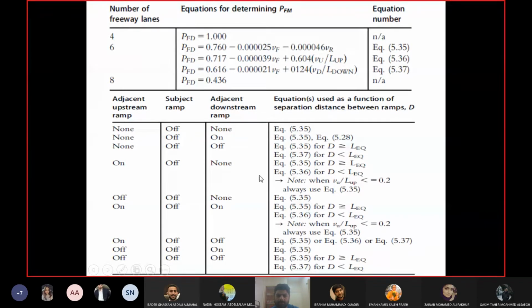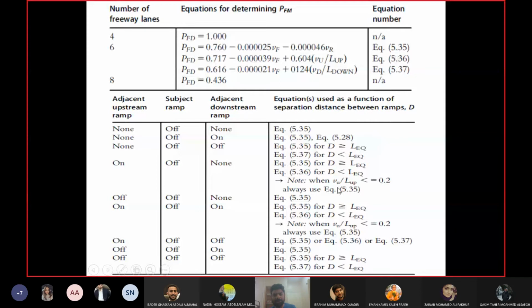And there's a note here. The flow rate on the downstream ramp and the distance to that ramp, if it is less than or equal to 0.2, then we will always use equation 5.35.